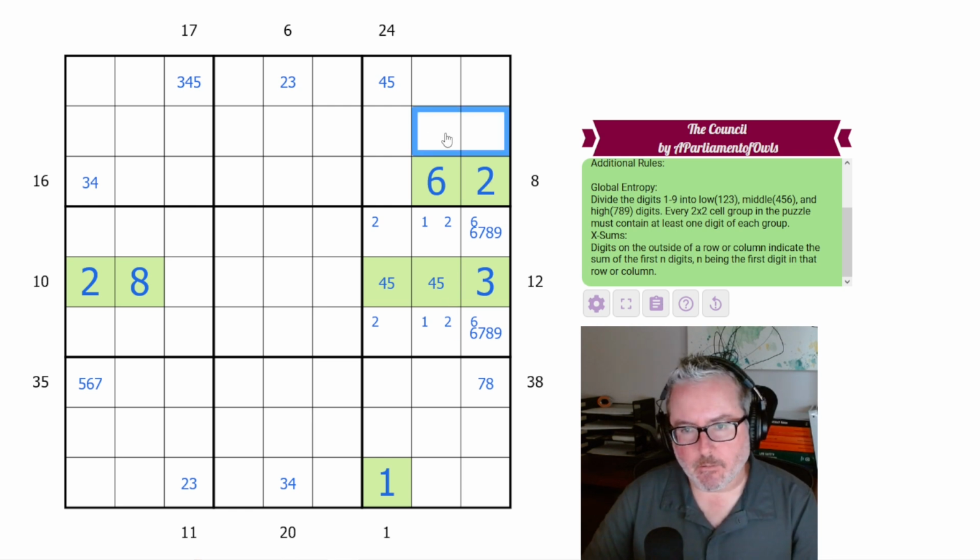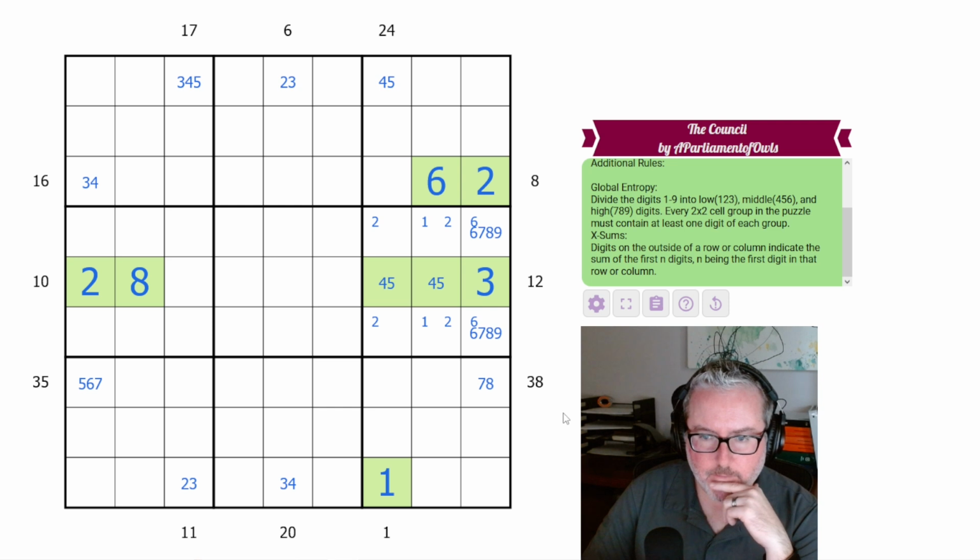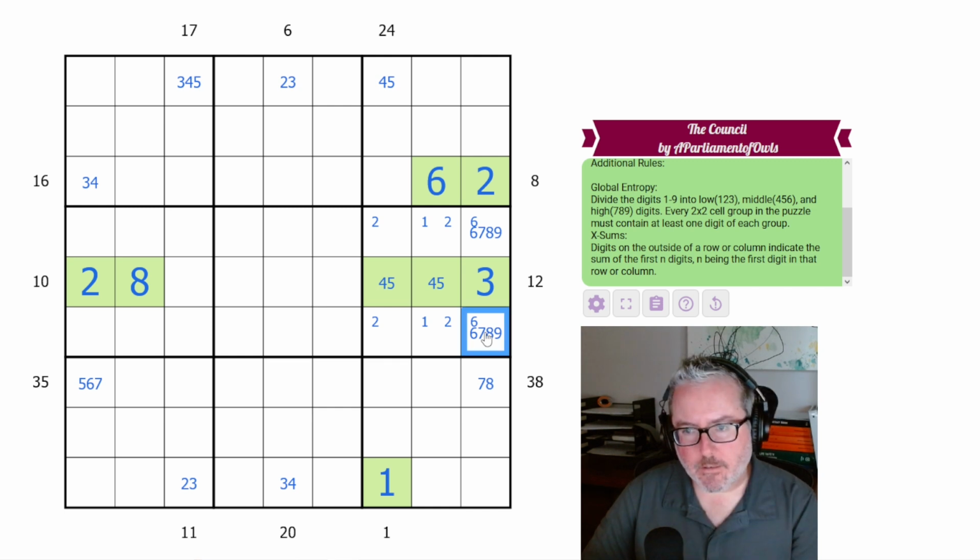Now up here, again, we need a high digit in one of these 2, but I don't think we have enough really to take that any further. If we were to think along a slightly projected timeline here, we either have 2 highs or a mid and a high.